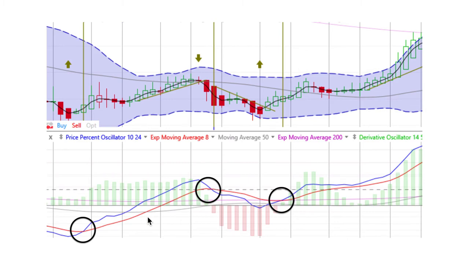Then of course we're looking to get out of that. Solid and sustained trend lines give us more security that the price percent oscillator and the derivative oscillator are giving us accurate signals as to future price movement. Failing trend lines can be an early warning signal that a market change is underway.